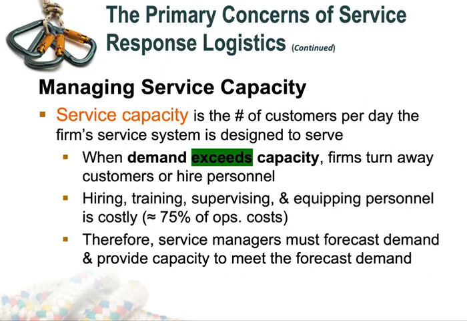So we have to set up the hiring, training, supervising, and also equipping of personnel. Of course it is costly, because it takes 70% of the operational cost. But it is more important that we invest rather than just put the customer away.